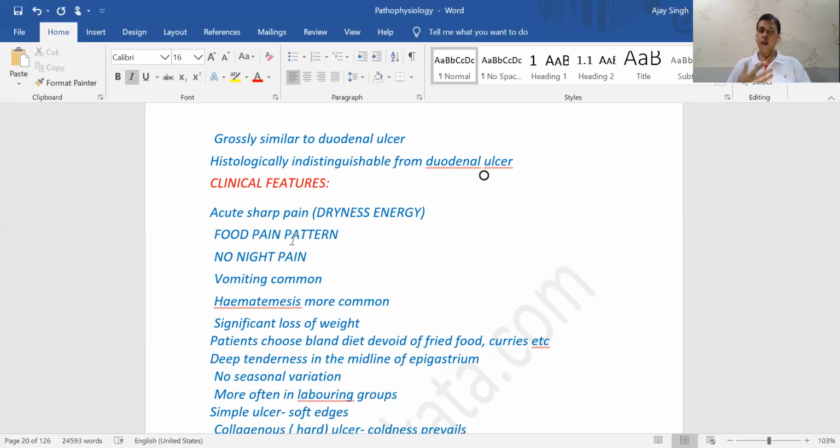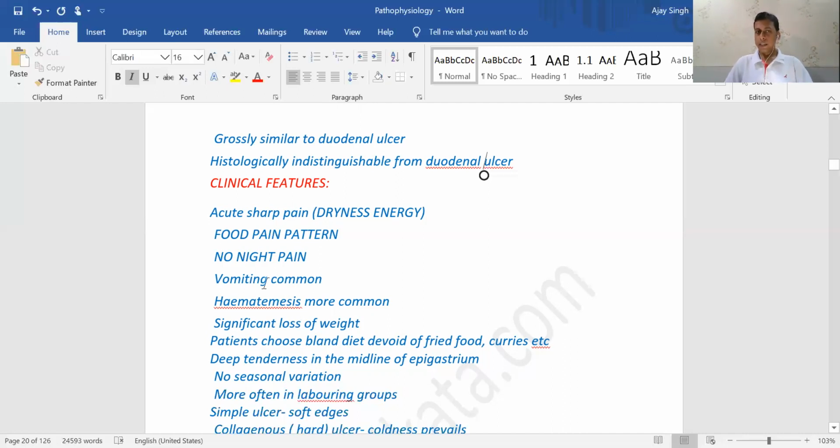So the patient will have pain after food, and there will be no night pain. Only after eating they have pain. So they generally try to avoid food, and vomiting is common. And with vomiting, hematemesis, which means blood can come out.